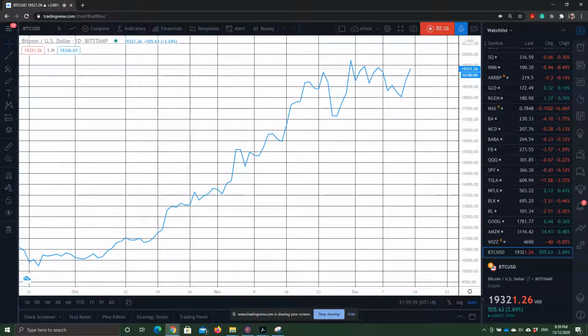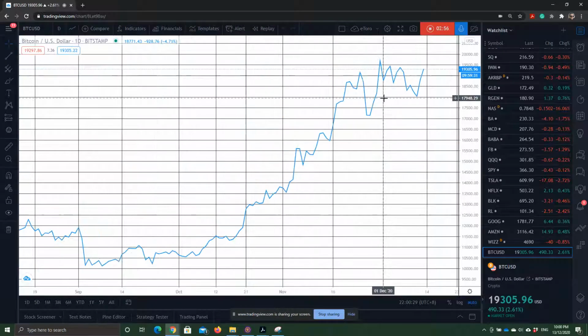There are some cons and pros for this type of chart. As I said, you don't have much information, but because this type of chart gives you a big picture of price movement, it's good to figure out the trends. For example, now we're looking at Bitcoin price. You can see that overall the trend is bullish.